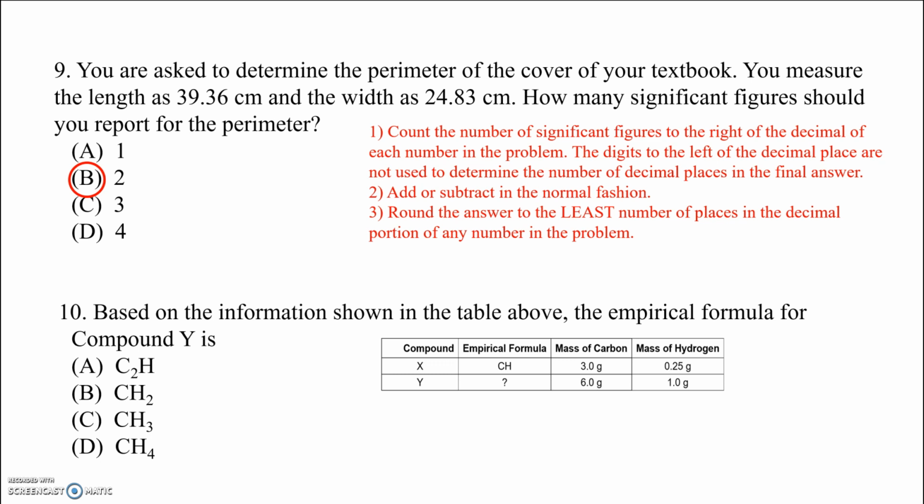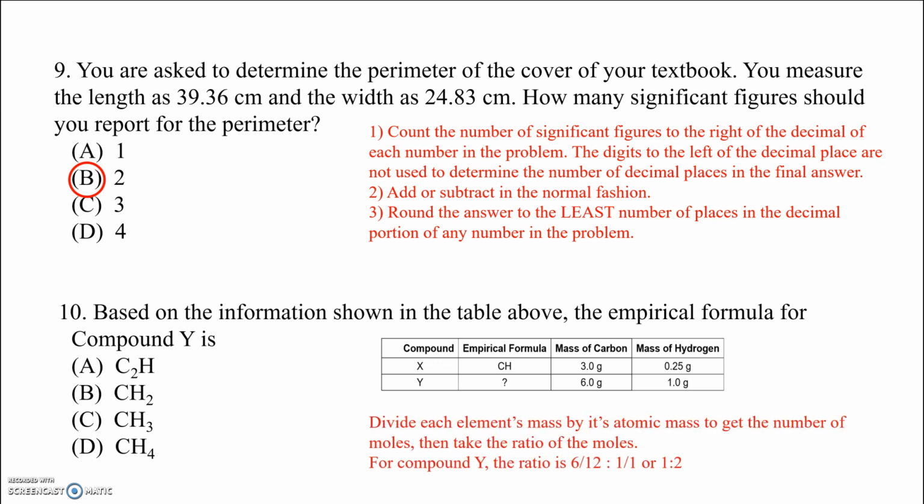Based on the information shown in the table above, the empirical formula for compound Y is what? All right, here we're going to divide each element's mass by its atomic mass to get the number of moles, and then we're going to take the ratio of the number of moles. So in compound X, I've got 3 divided by 12, which is 0.25, and 0.25 for hydrogen divided by 1, which is also 0.25.